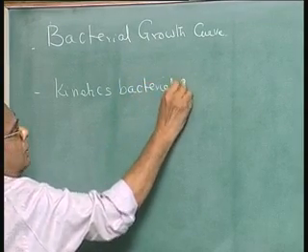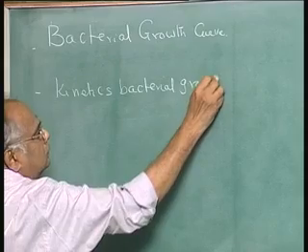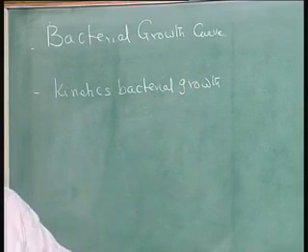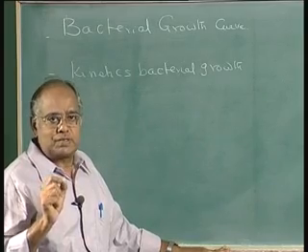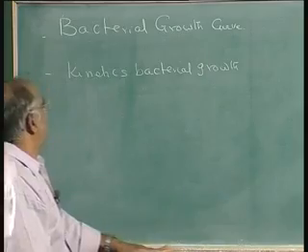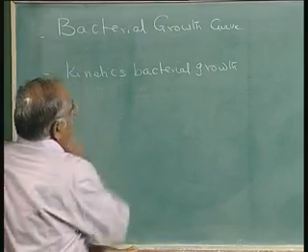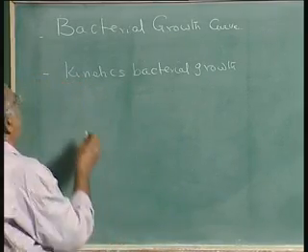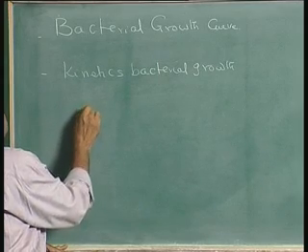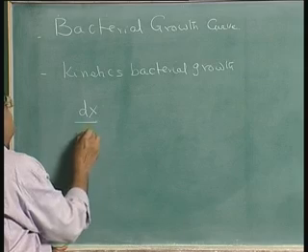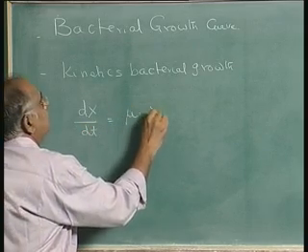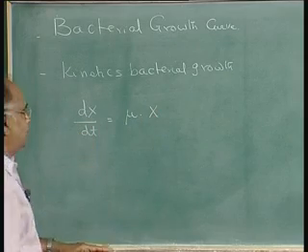These are two important things which we should study to understand the secondary wastewater treatment systems which employ microorganisms. In the kinetics of bacterial growth, we derived a fundamental equation for the growth of microorganisms: dx by dt is equal to mu into x. This is the equation we developed.